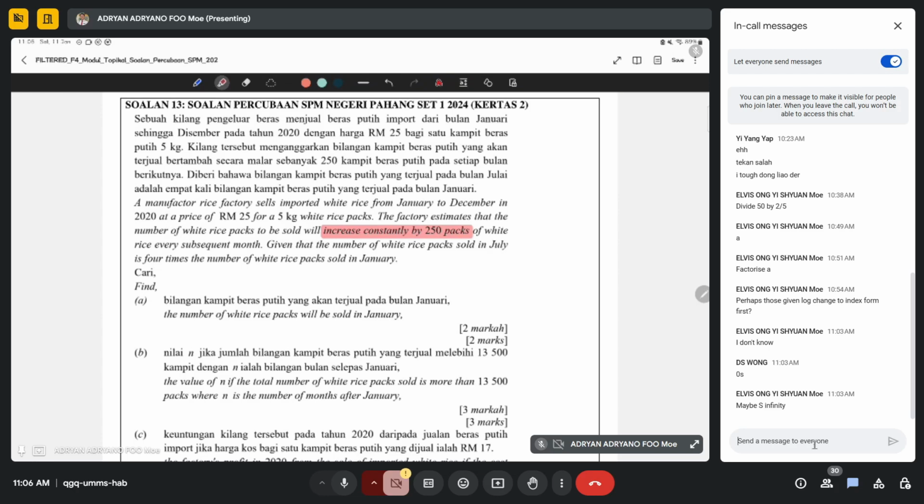Okay, so December, price 它给了，and then 它讲 number of white rice packs sold in July 4 times number in January.